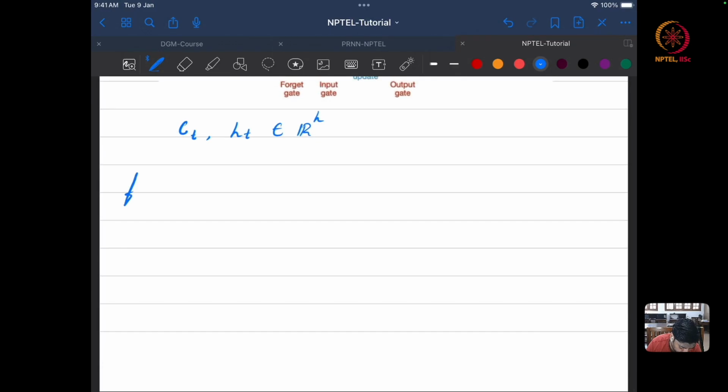Now we have this FT, which is some activation function. Preferably we use a sigmoid function, as given here, with weights to control it, applied to XT concatenated with HT-1, plus the bias. I'll not be rewriting the dimensions of all these things.